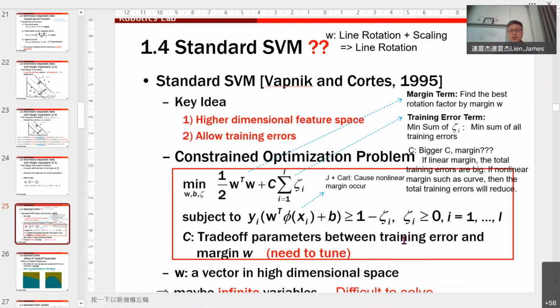This is a Lagrange constraint, similar to a Lagrange constraint.